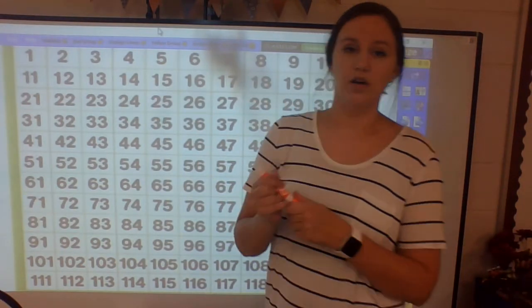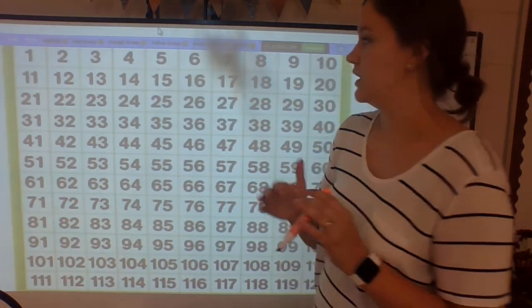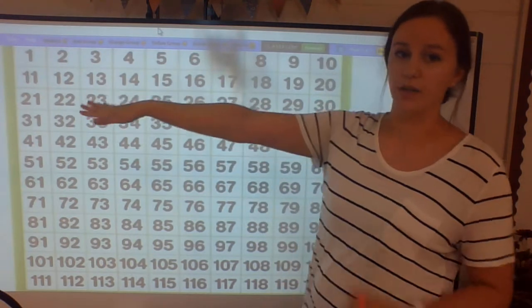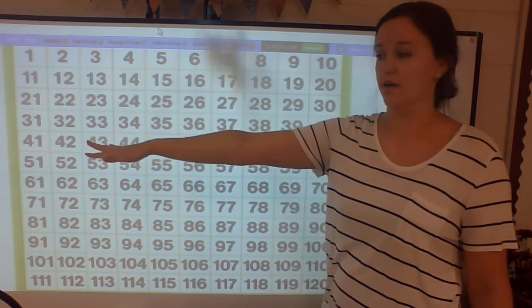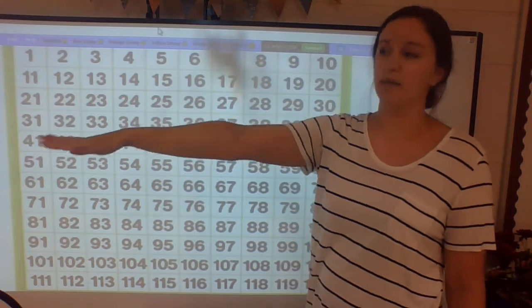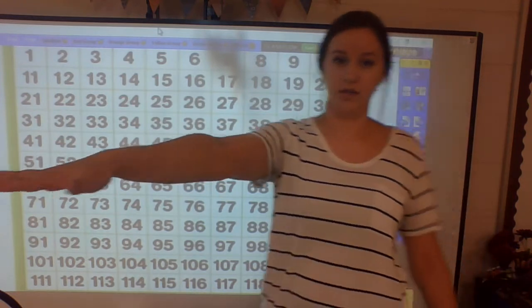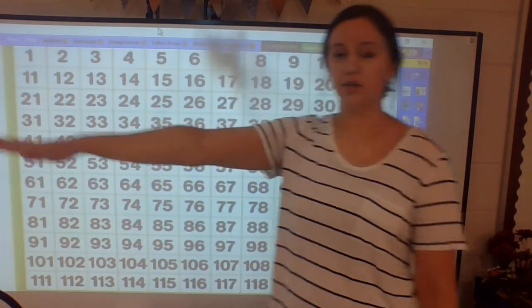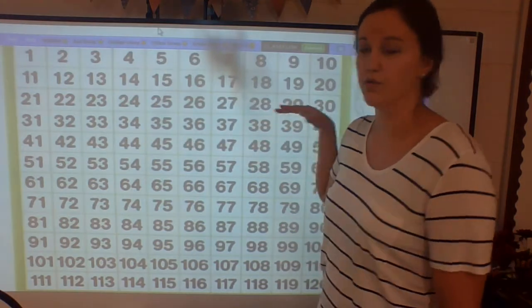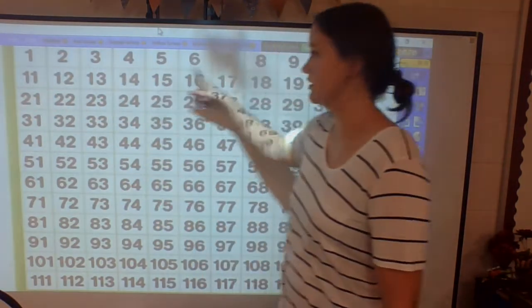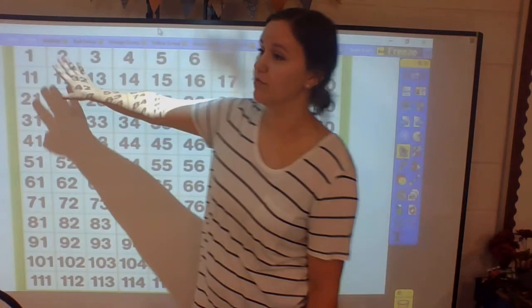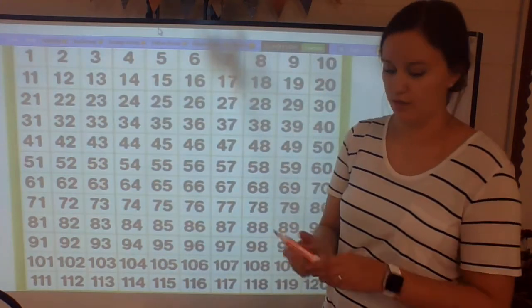So first let's talk about the rows. Now when I talk about rows, I'm talking about the lines that go horizontally. So you can put your arm out like this, and that will help you remember horizontal. Straight across. Horizontal, those are your rows. So they go this direction. And when we read a hundreds chart, we read it left to right, just like a book.